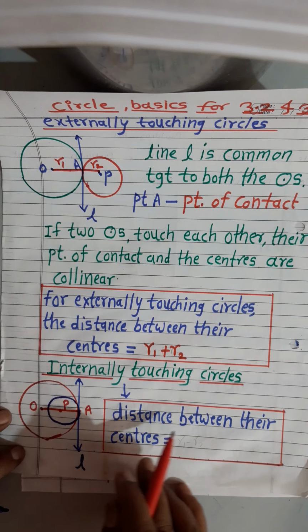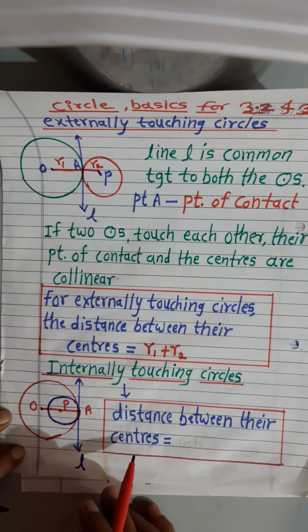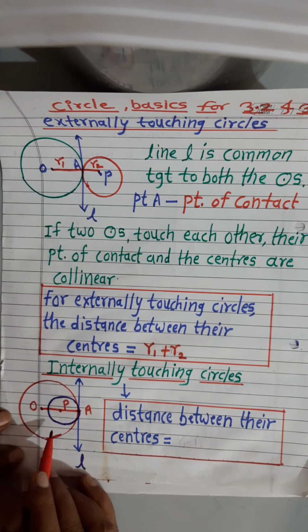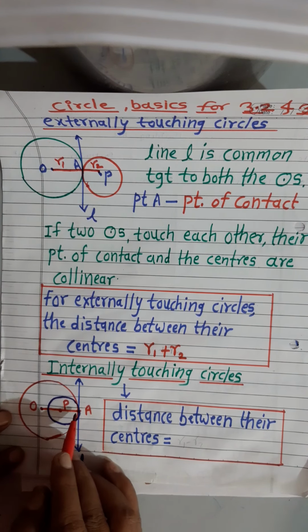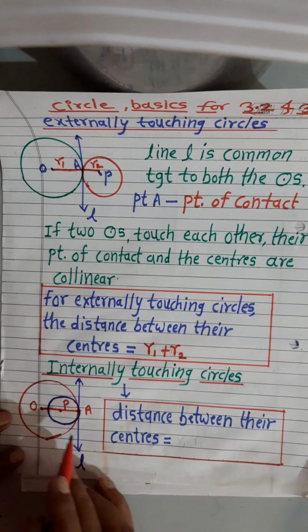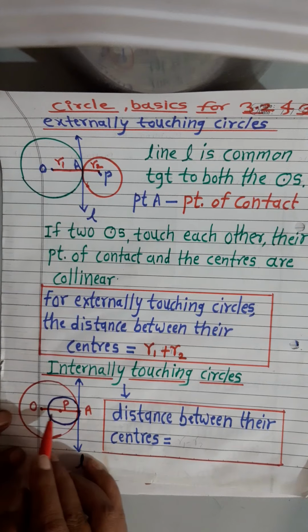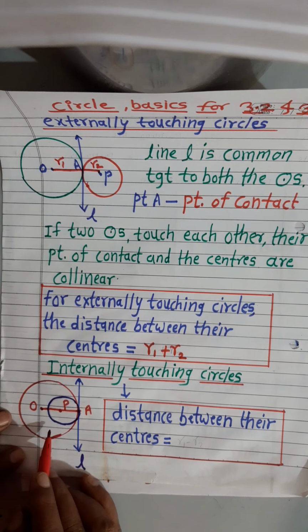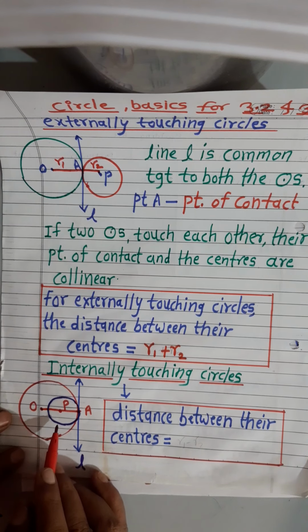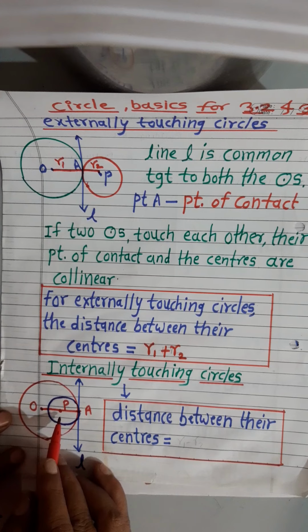Now we have to find the distance OP. Now see here, OA is the radius of the bigger circle, suppose it is R1. And PA is the radius of the smaller circle, suppose it is R2.